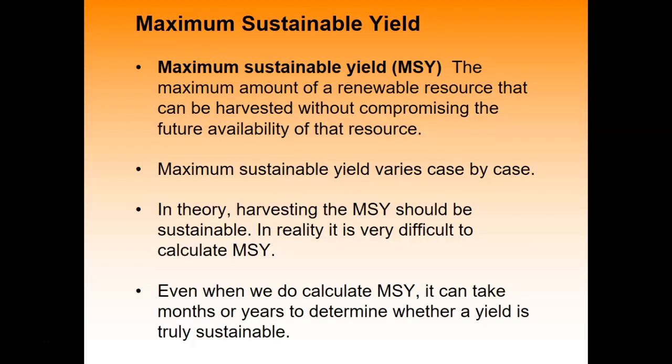Now, when we think about the maximum sustainable yield, we need to think about what is the maximum amount of renewable resource that can be harvested without compromising the future of that resource. Think about the Easter Island, right?